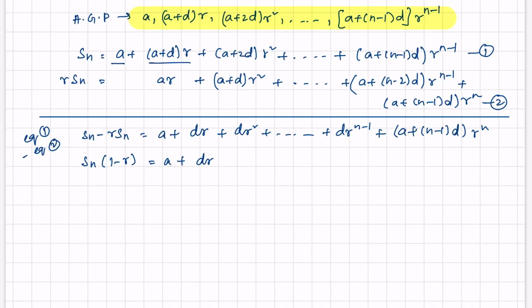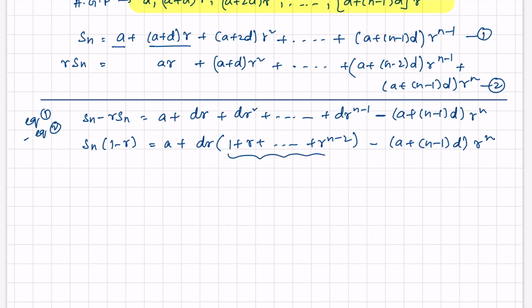Take dr as common. We get 1 plus r plus and so on up to r power n minus 2, minus a plus n minus 1 into d, r power n.